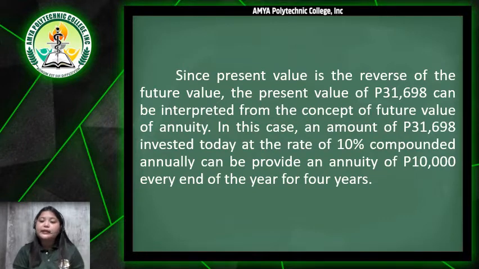In this case, an amount of 31,698 pesos invested today at the rate of 10% compounded annually can provide an annuity of 10,000 pesos every end of the year for 4 years.